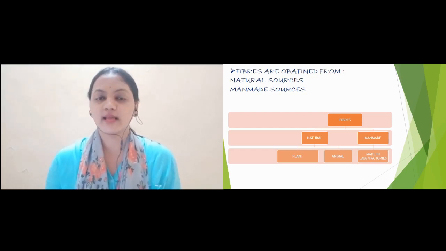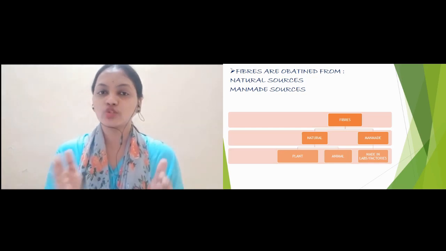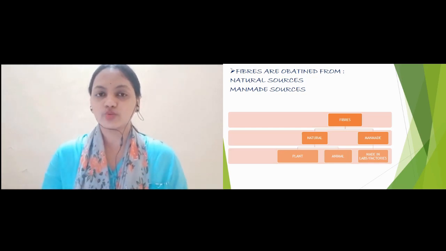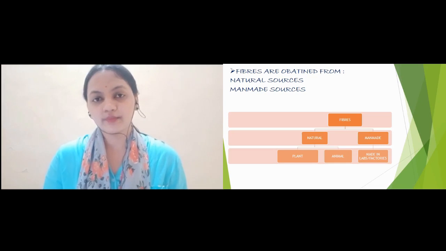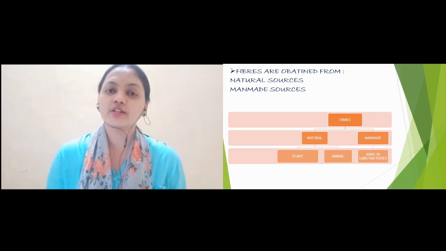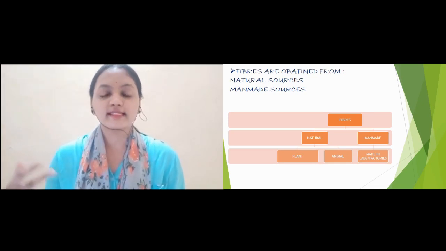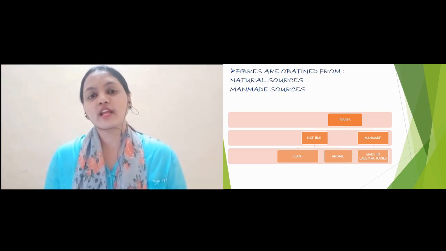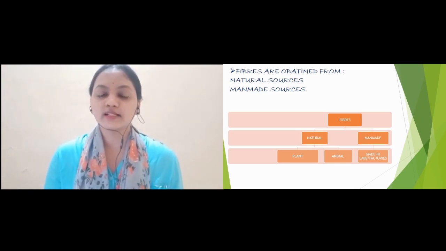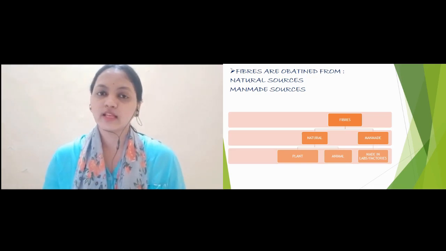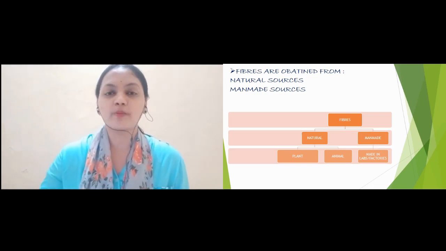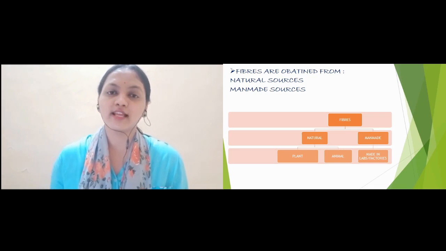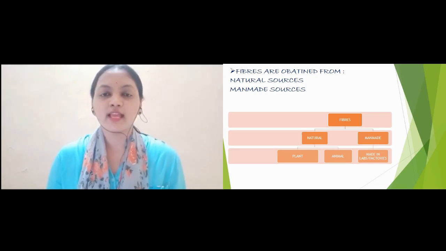What are the examples? Now again, there are two categories in natural sources. The first category is plant fibers, and the second category is animal fibers. Fibers obtained from plants are called plant fibers, and the fibers obtained from animals are called animal fibers.